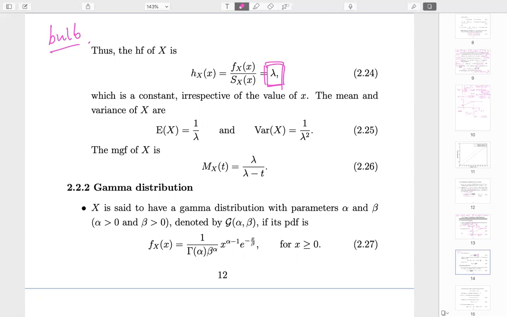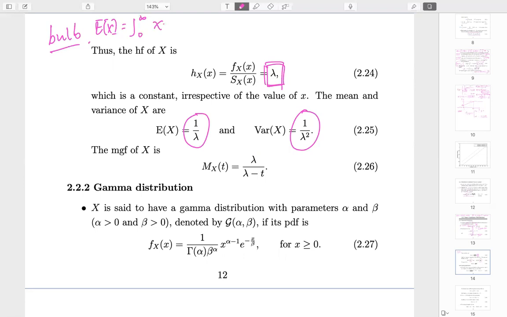Once we do the integral, we can get the expected value and the variance. Some textbooks will ask you to memorize them, but I would ask you to actually compute. Once you know how to compute, even if you forget, you can easily derive it.